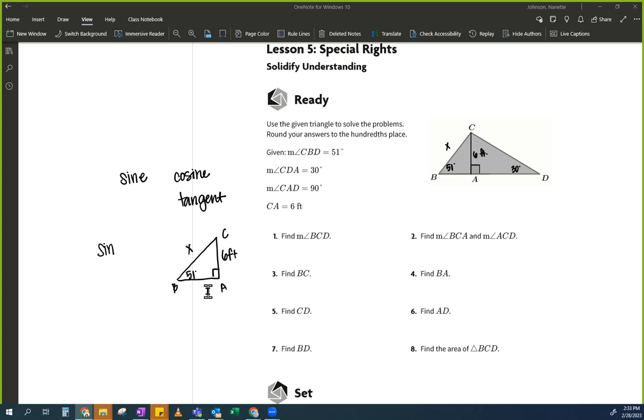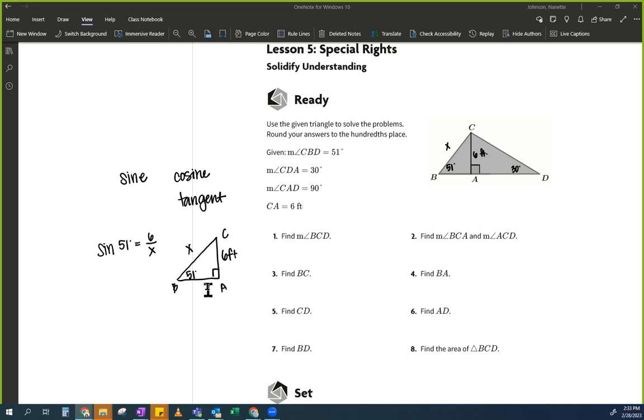Very good. So what is the equation that I should write? Very good. Someone said sine of 51 degrees equals 6 over x. That's perfect. So perfect, done.